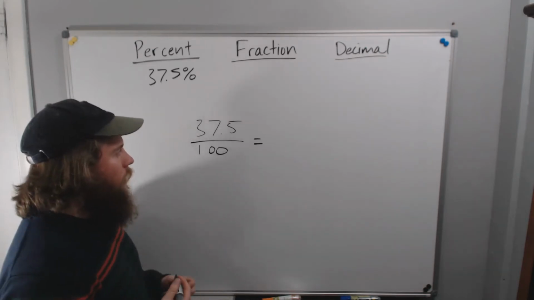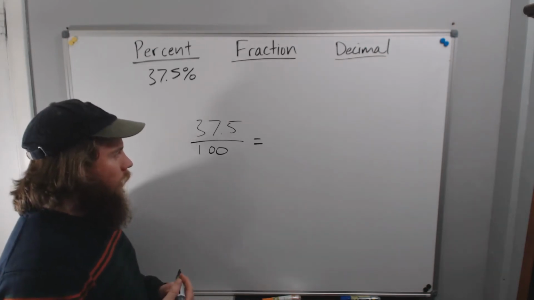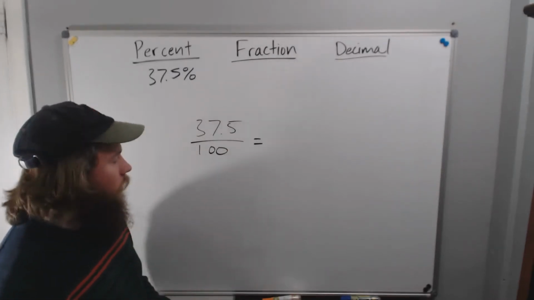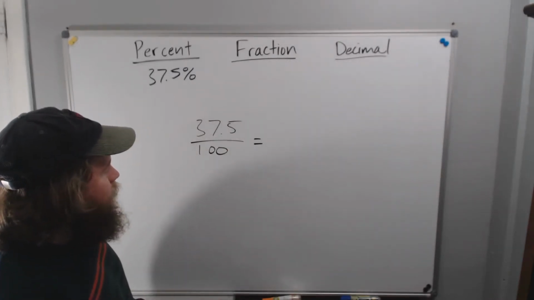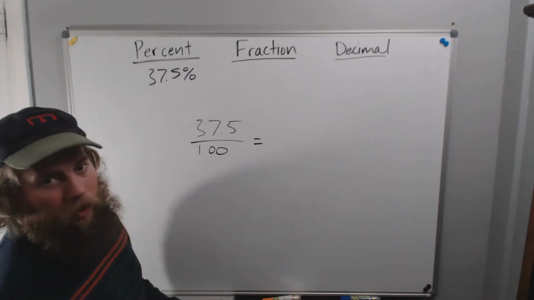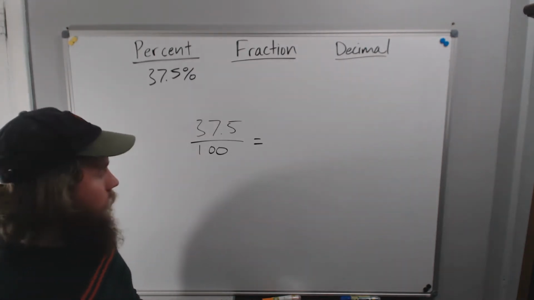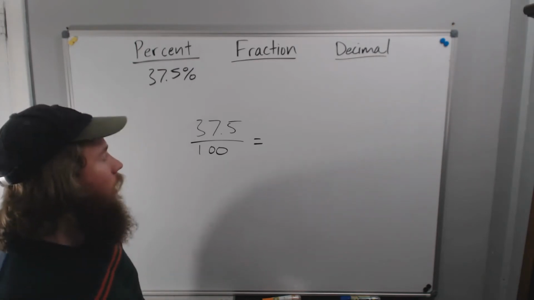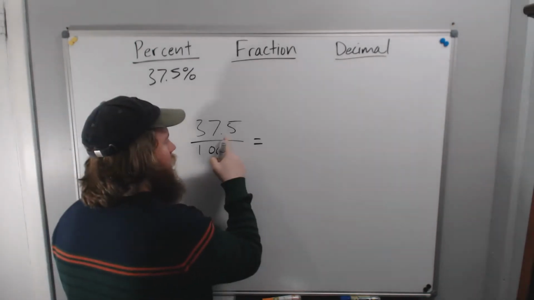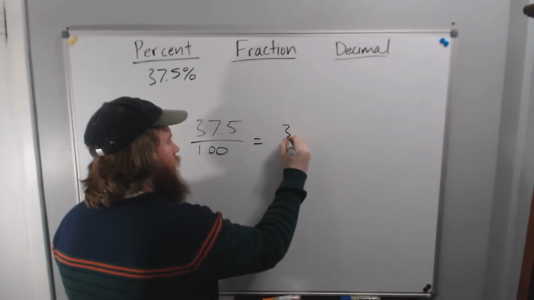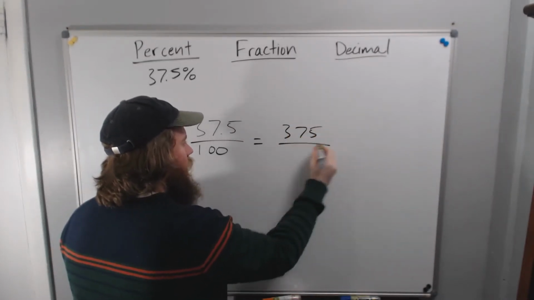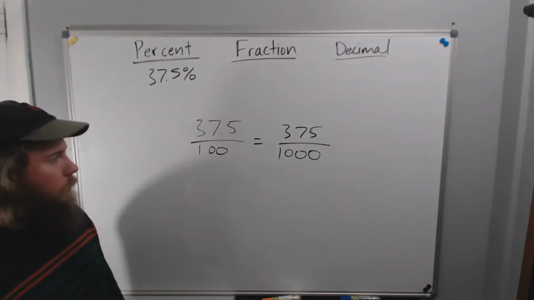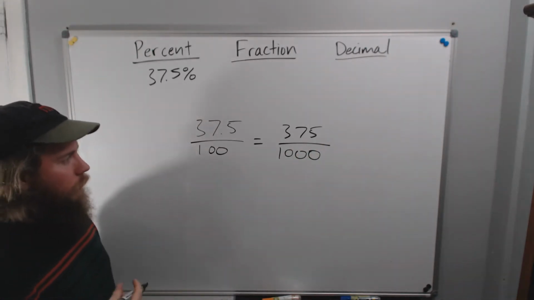As you guys know, it's bad form to have a decimal in a fraction. So what we can do is manipulate our fraction to get one with just integers. There are many different things we could do here, but the most obvious one is to multiply top and bottom by 10. That gives us 375 on top and 1,000 on the bottom, so we've got 375 thousandths.